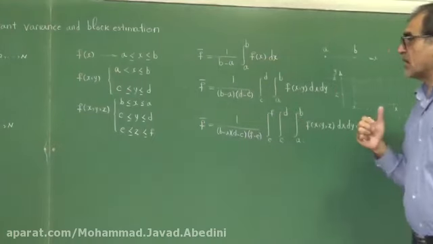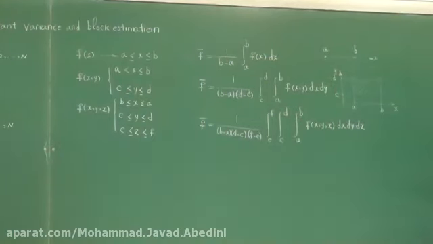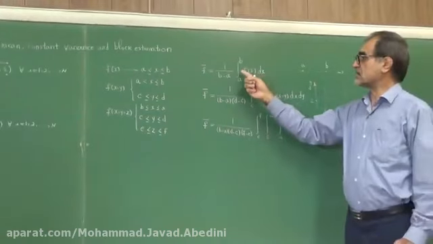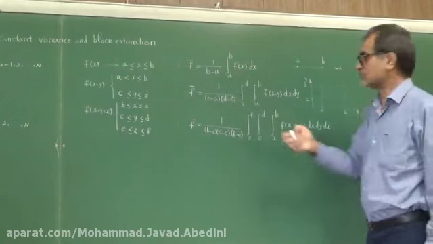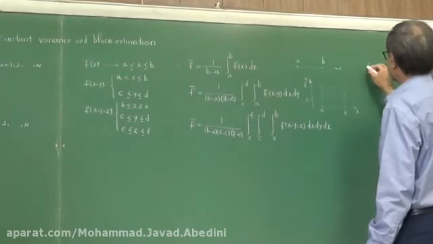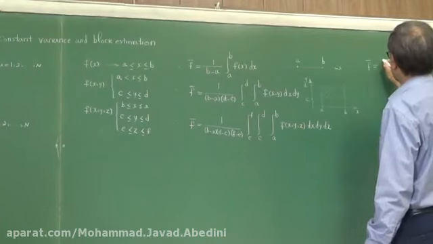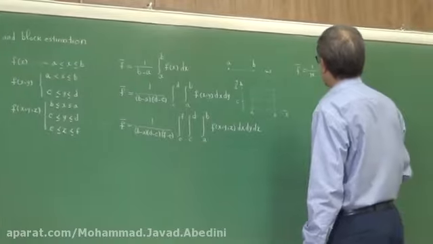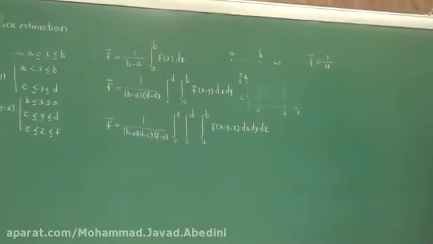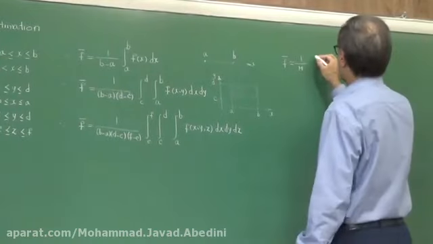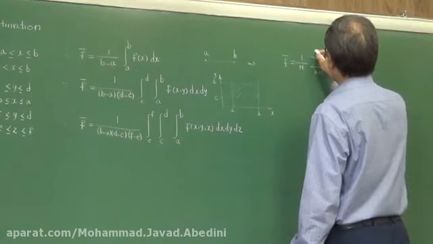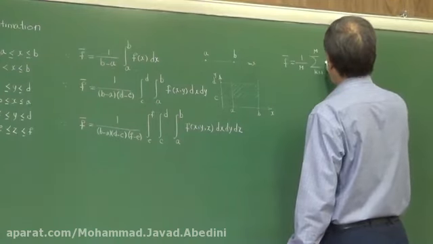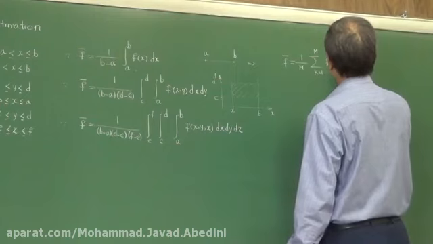Therefore, in real life, this integral will be replaced with a summation. It will become one over m, and m is the number of data points within the interval, and this has to go from 1 to m of f of x_k.